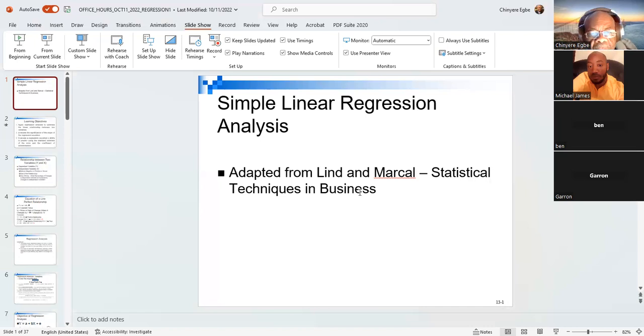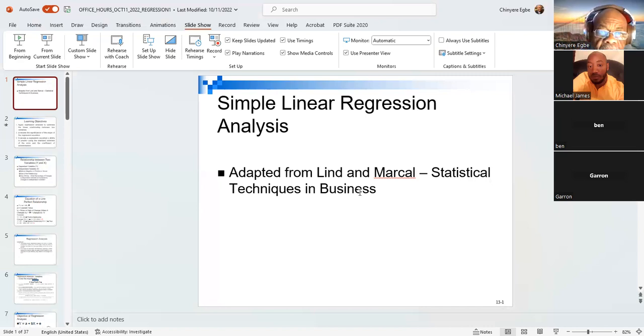Okay. So now when we say simple linear regression, this is the beginning of our understanding of regression analysis. Simple linear regression is where you have one dependent variable and one independent variable.